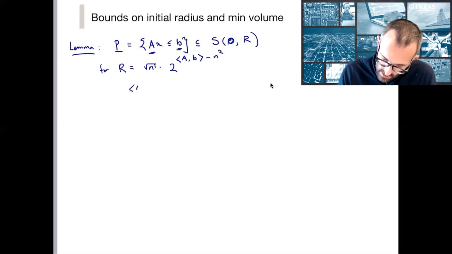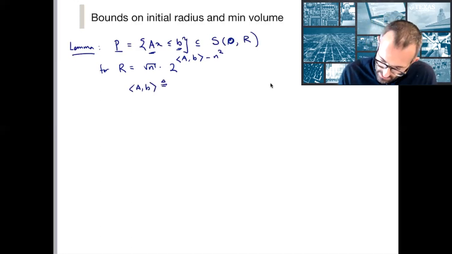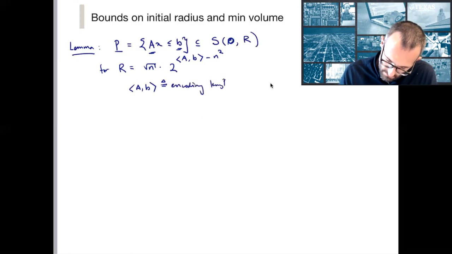So this is notation. It's not some kind of dot product or something like that. It's the encoding length of A and B.